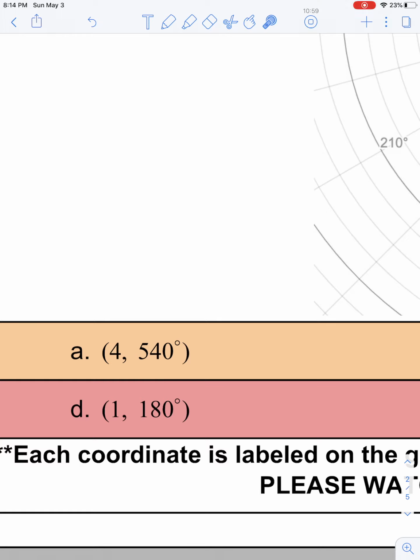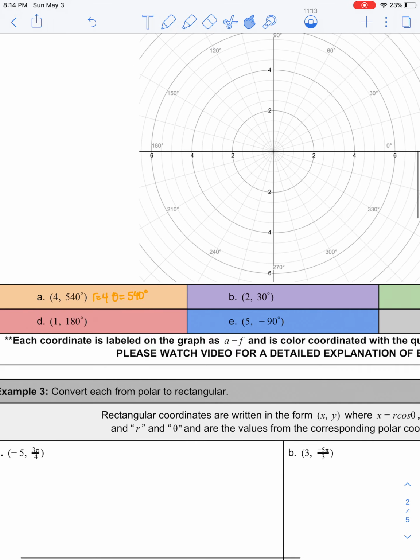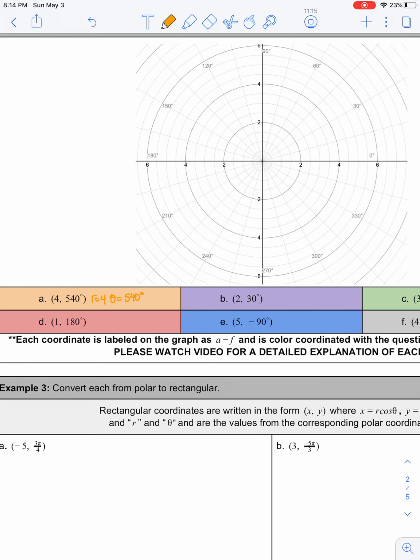Okay, so here we have point A with radius of 4 and theta of 540 degrees. So we'll go ahead and start this process in this very similar way as we did in the last video. We're going to start on our polar axis, and we're going to build an angle measure, a theta value of 540.